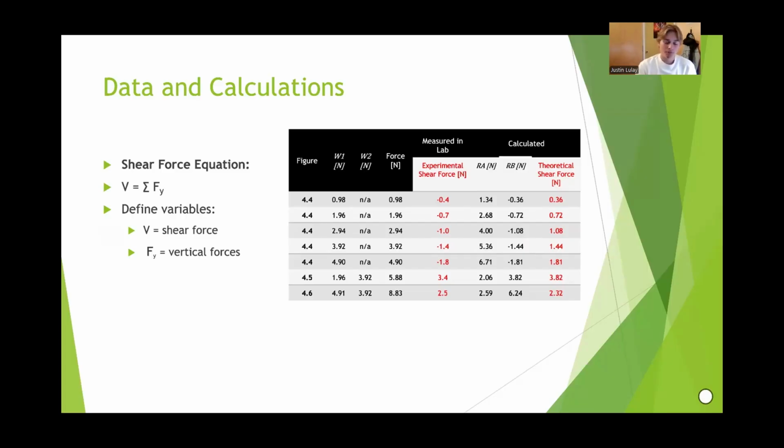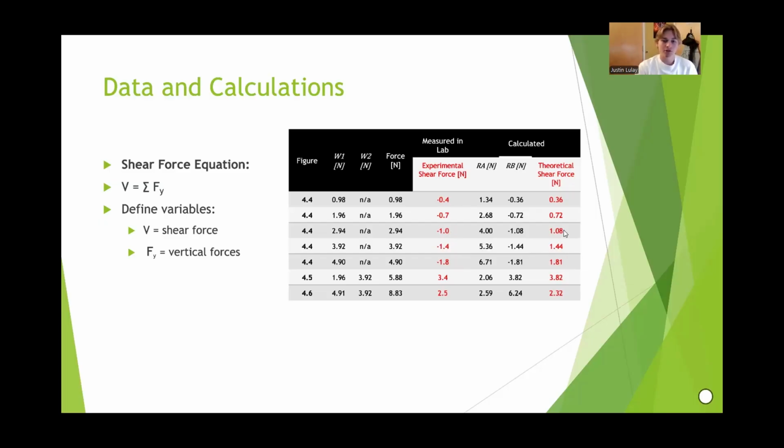We got our reading from the screen, which only had one decimal place of accuracy. All of the numbers for the first six came up negative and increased as we increased the load. Although different in sign convention, they were very accurate to our theoretical and calculated values that Trayton just showed us how we got.